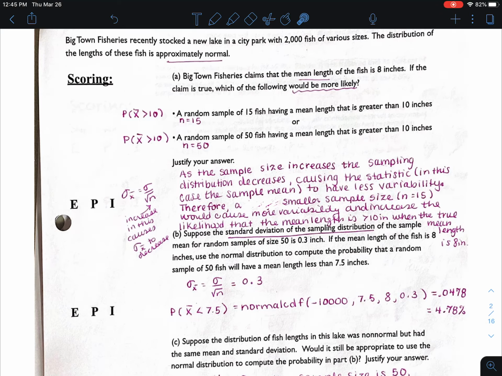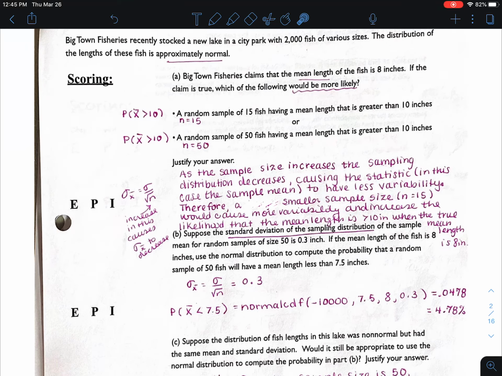Okay, is it more likely to take a random sample of 15 fish and get that the average length of those 15 fish is greater than 10 inches, or would it be more likely to take a random sample of 50 fish and their average length would be greater than 10 inches?